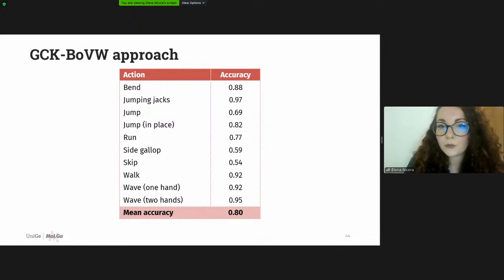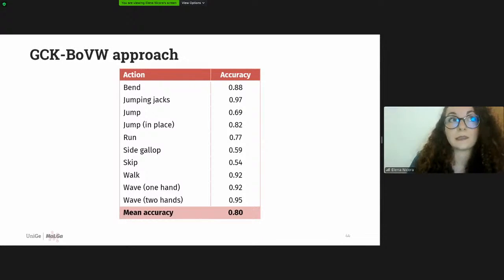The difference in accuracy between these actions could be related to the fact that the dataset is composed of 5 actions that are performed statically, so in the same place by all the subjects, while the other 5 are performed going from one end of the scene to another.